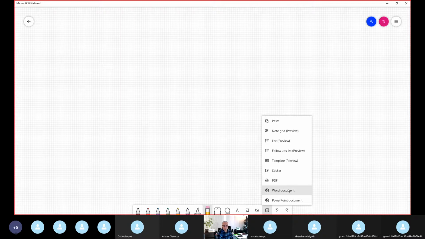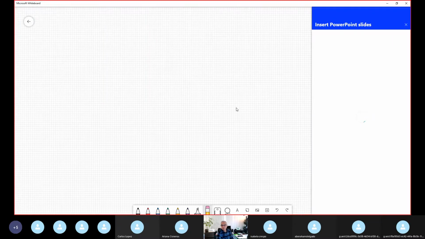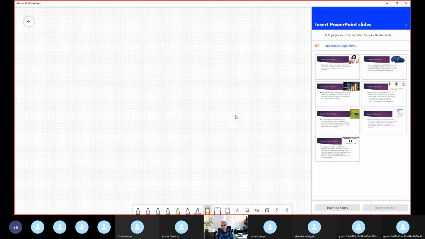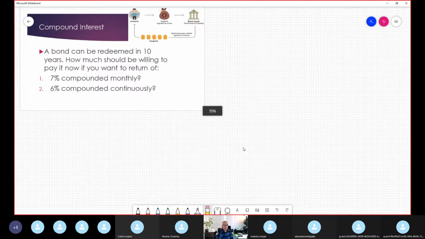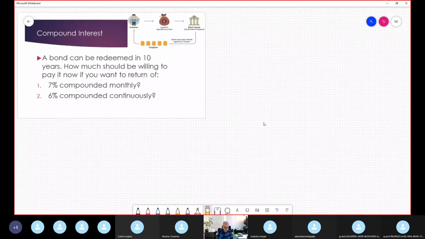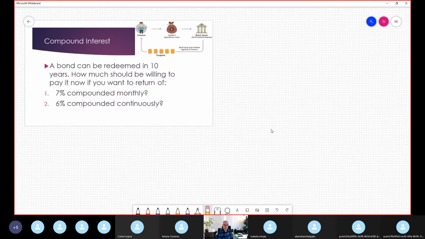Next problem is about investment, but investment using bond. A bond, you know, you can buy bond. And the bond have a duration.